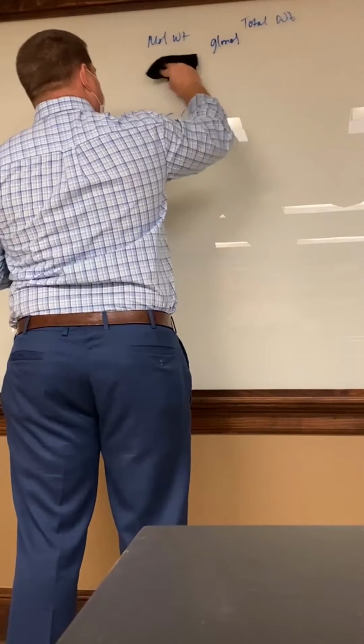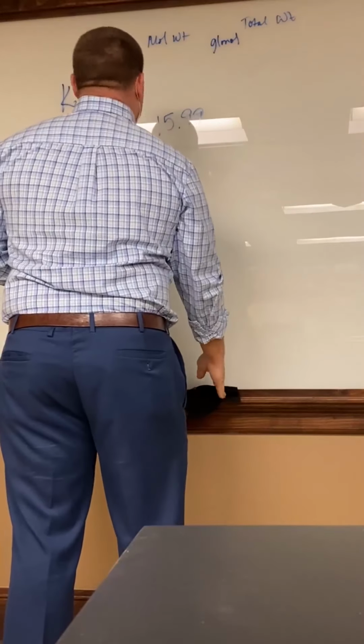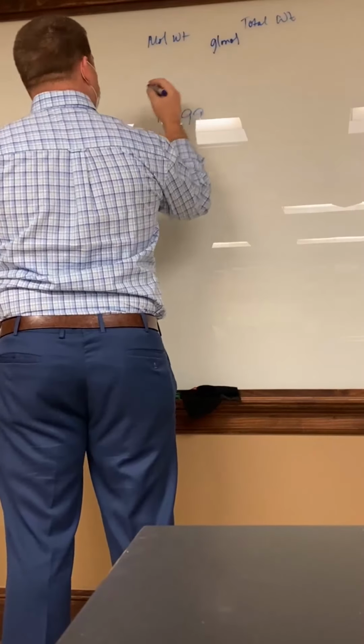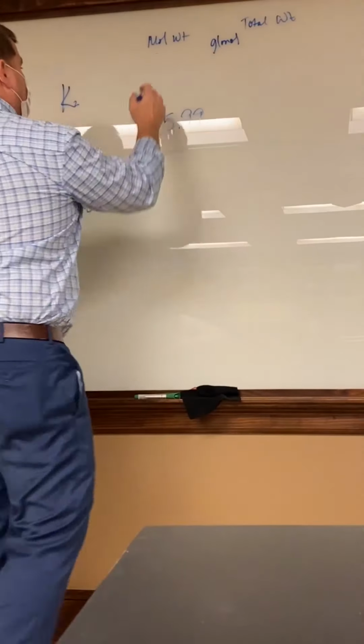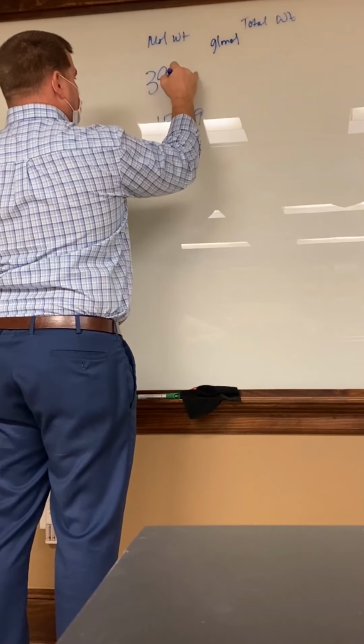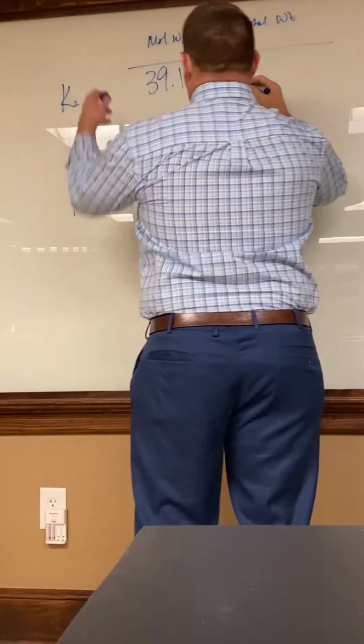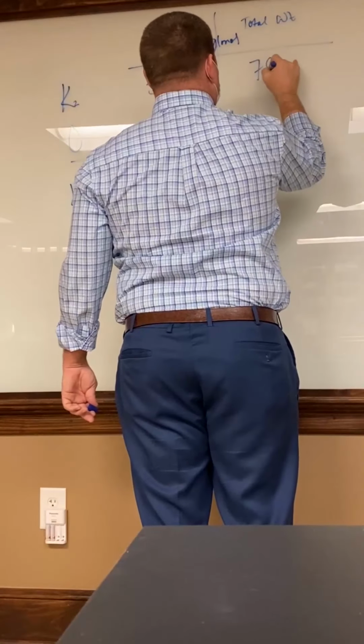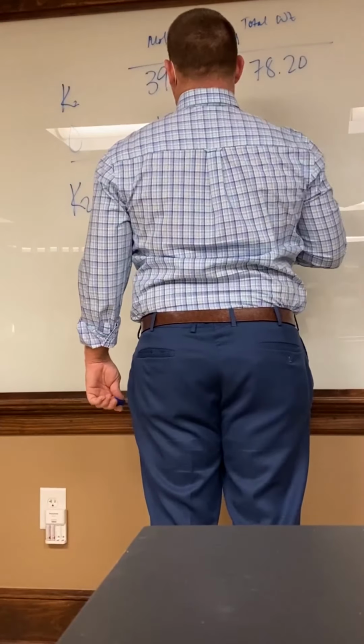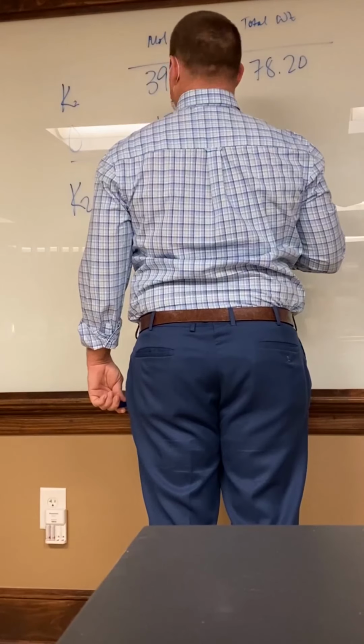Potassium is, what is that number on there? It's 39.10. 39.1, that's grams per mole. We have 2 of those. This makes 78.2. Correct? Correct.